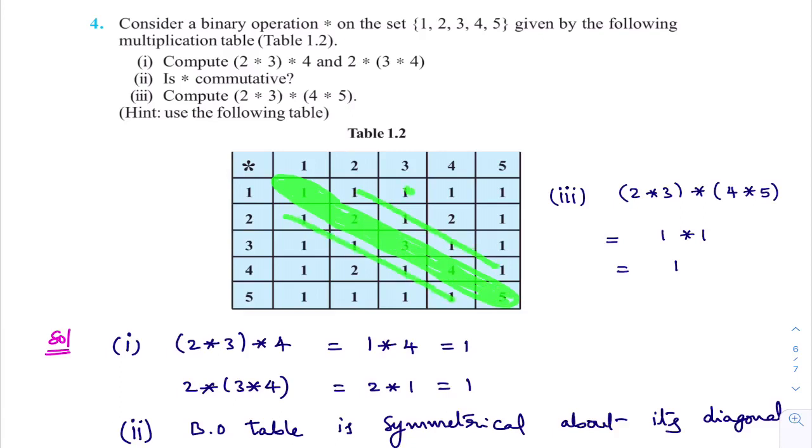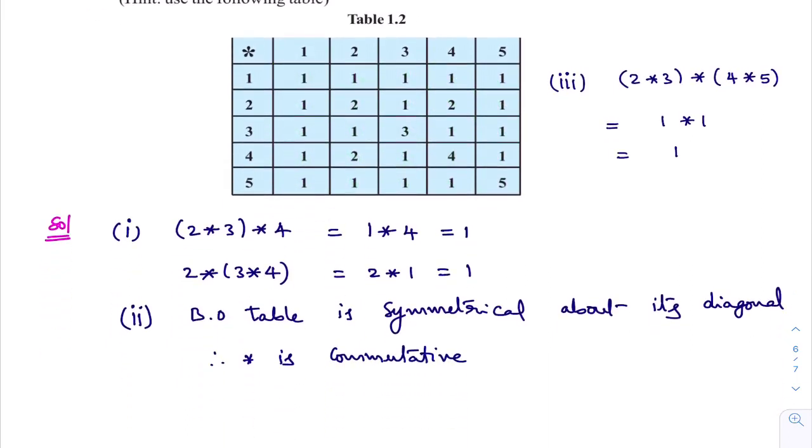Now you see 1, 2, 1 here, and 1, 2, 1 here. Yes, this table is symmetrical about its diagonal. This side part is also the same as that. So what I wrote here: the binary operation table is symmetrical about its diagonal. Therefore, star is commutative. In coming problems, you will come to know these things very clearly, right?